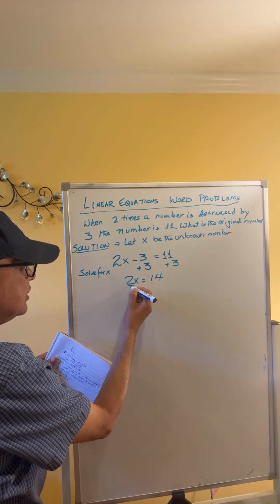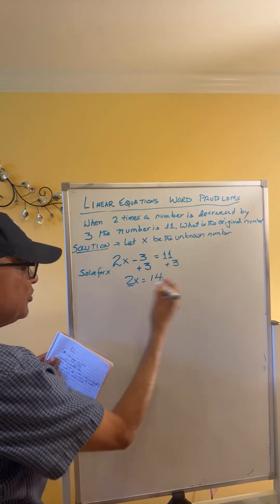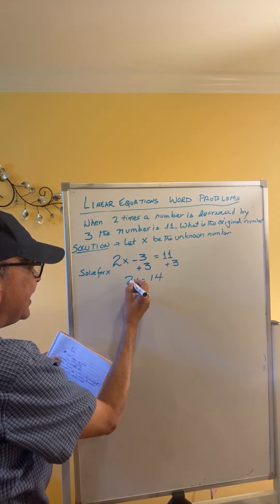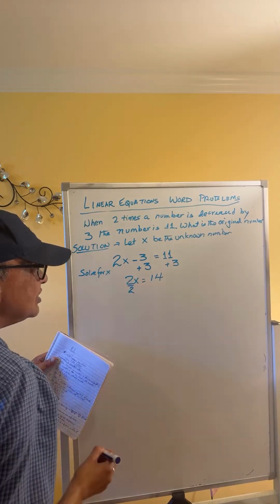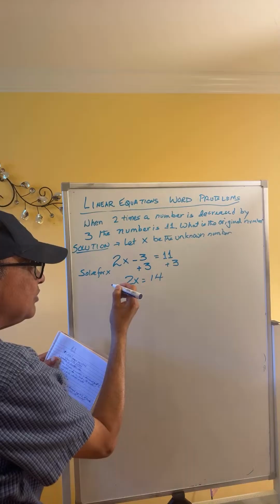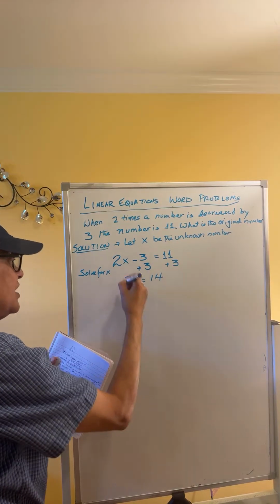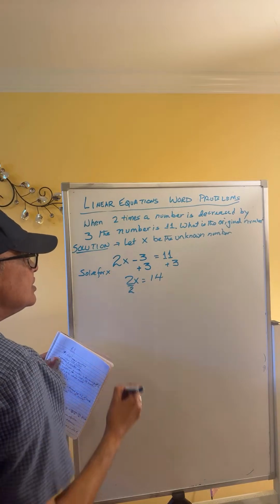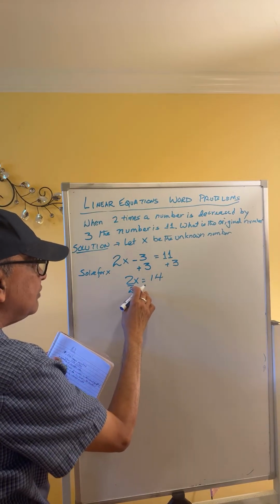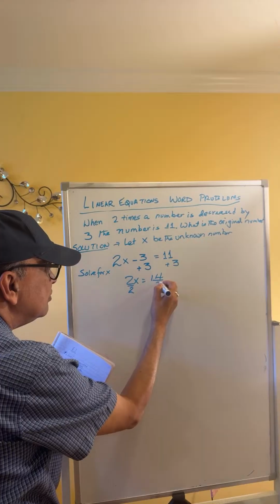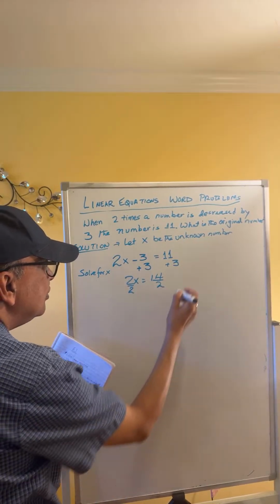Now I divide. 2 times x, the opposite operation is division. Again I want to separate the constant 2 from the variable x, therefore I have to separate the 2. 2 multiplied by x, the opposite operation is division. What you do on the left side of an equation, you do on the right hand side also.